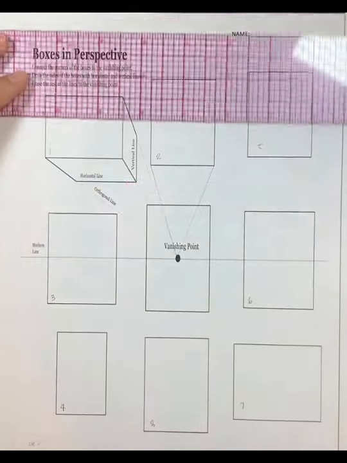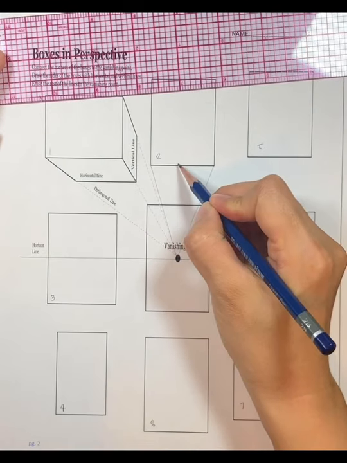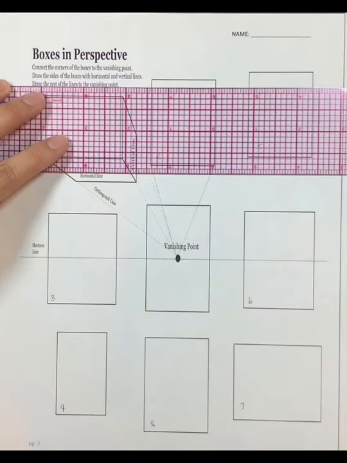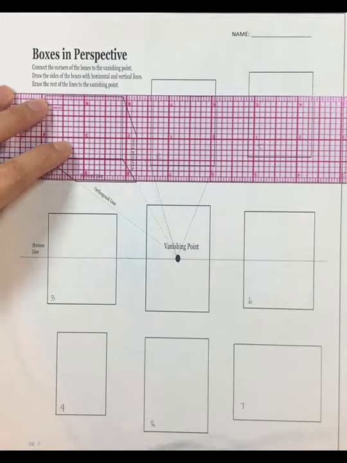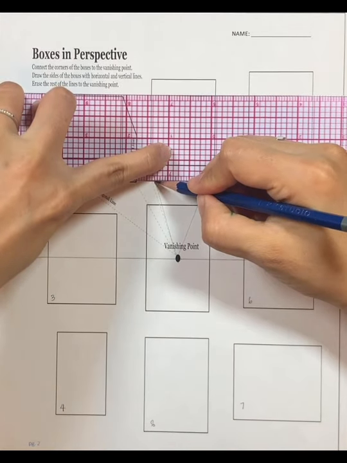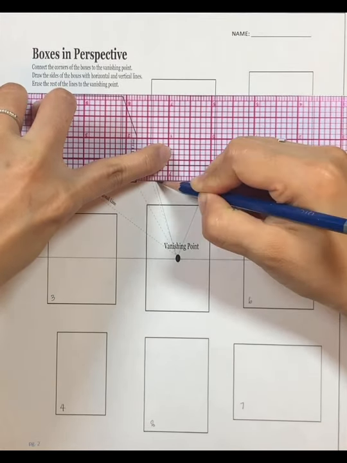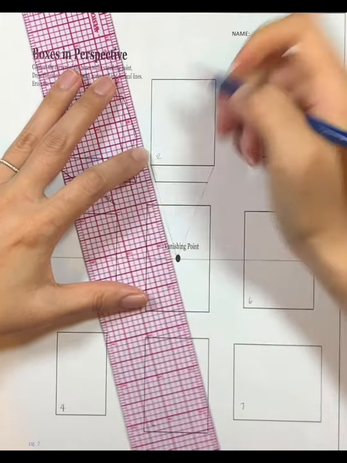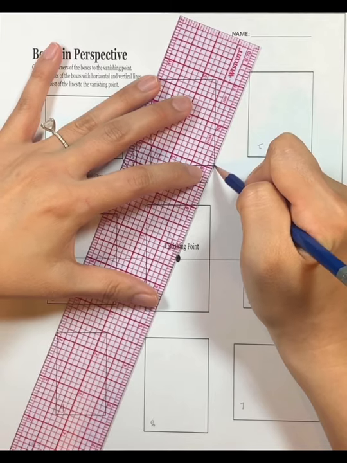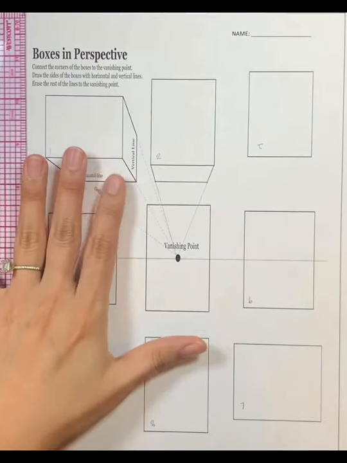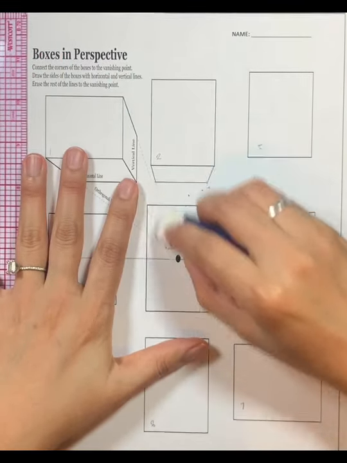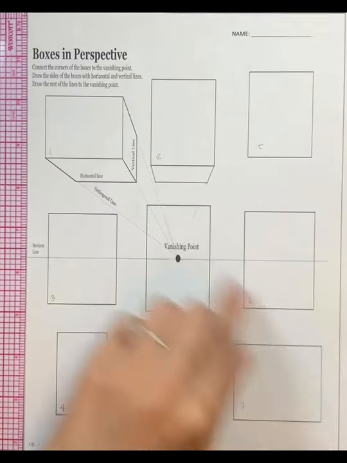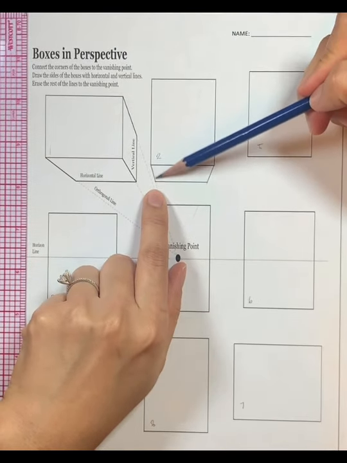So I'm going to go ahead and draw a line parallel to this horizontal line. I'm going to line it up. And there we have it. Now I'm going to outline this a little bit darker so that you can see, and erase the hints of the orthogonal lines here. I'm going to go ahead and shade this.